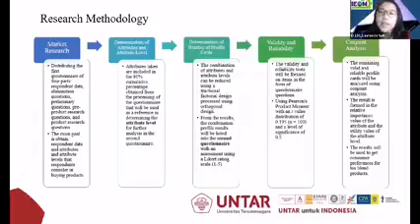Then we go to validity and reliability using the Pearson product moment with an R value distribution of 0.195 with a sample of 100 respondents and a level of significance of 0.05. Then we go to conjoint analysis, and the remaining valid and reliable profile cards will be analyzed using conjoint analysis.